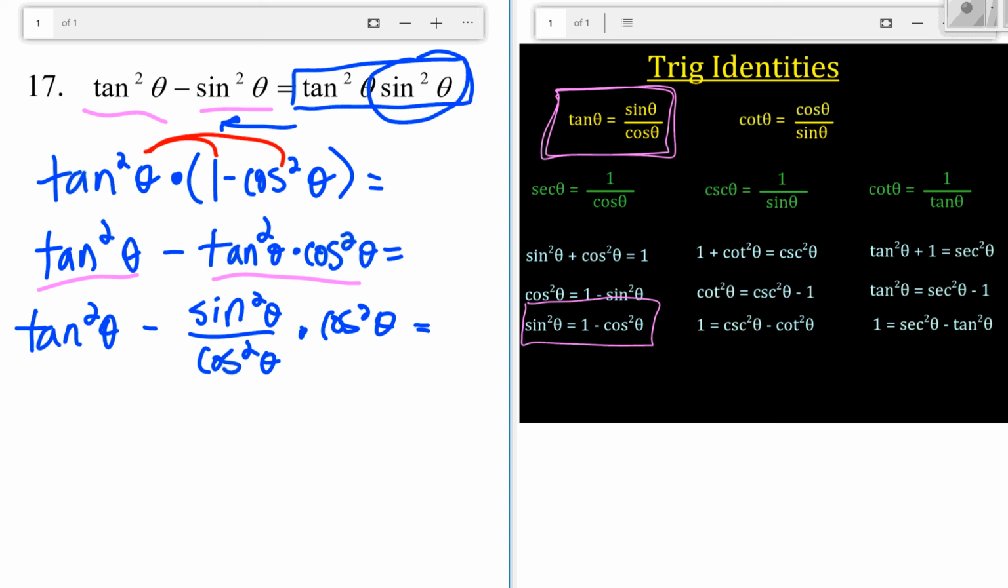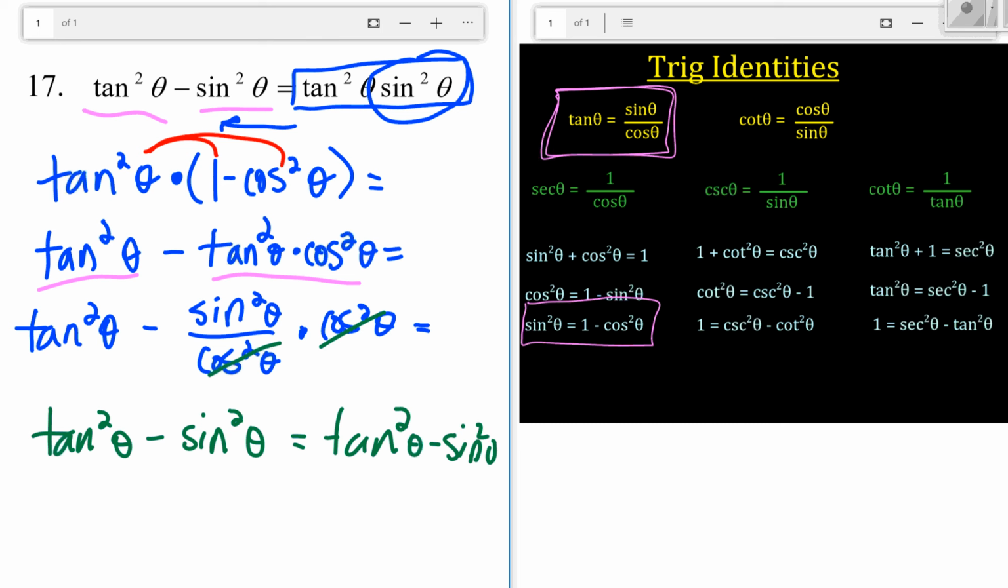The cosine squareds cancel out, and what I'm left with is tangent squared theta minus sine squared theta, and that's what I'm looking for. So we started with the right side and ended up with the left side. If you did it the other way, you probably did many of the steps in reverse.